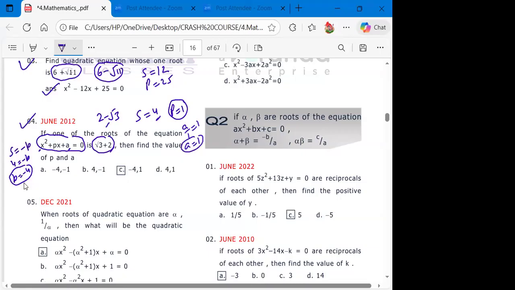So p is minus 4 and a is 1. Option C. Remember, if one root is 2 plus root 3, the other must be 2 minus root 3. Now take the sum, take the product and apply the formula.